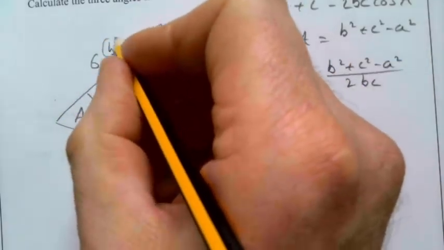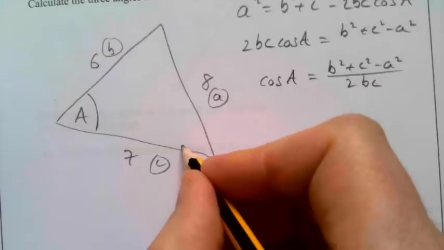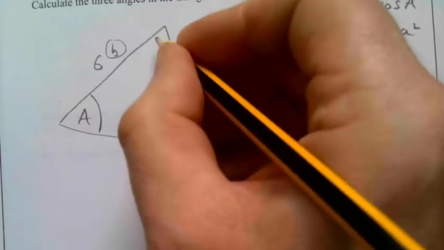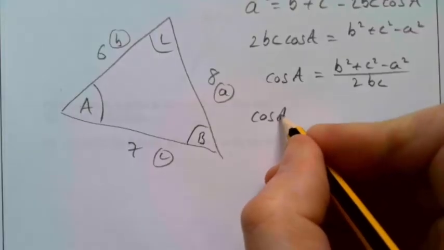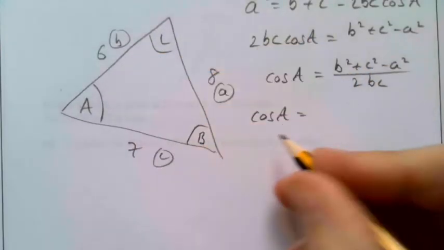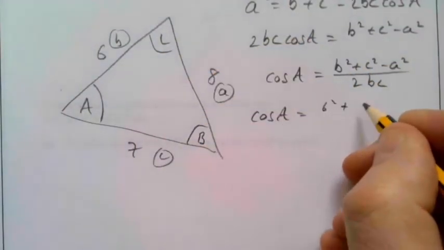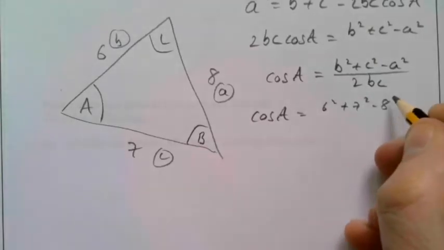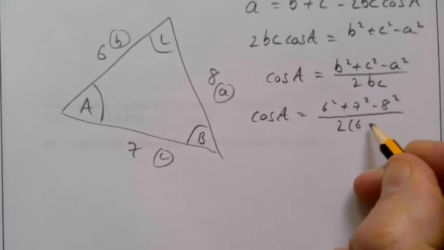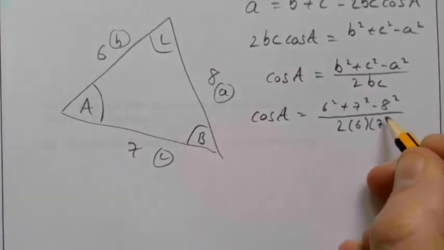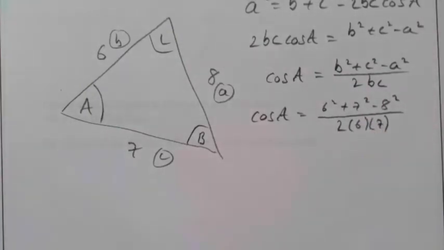Then the B and C don't really matter so much, but if we're B and C there, then that will be a capital B, and that will be a capital C. So my cos A is going to be equal to 6 squared plus 7 squared minus 8 squared all over 2 times 6 times 7.